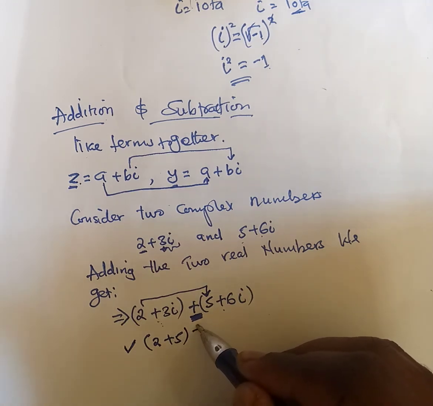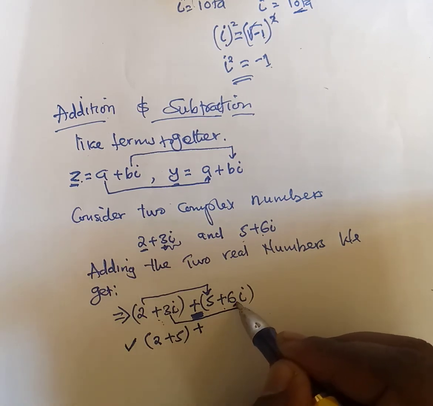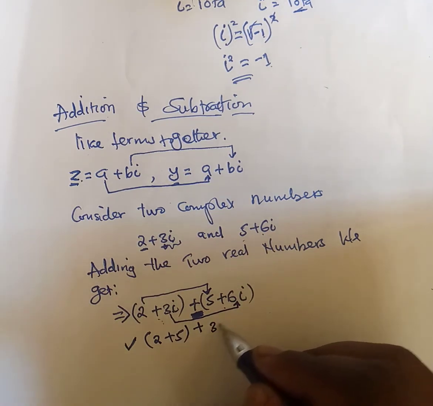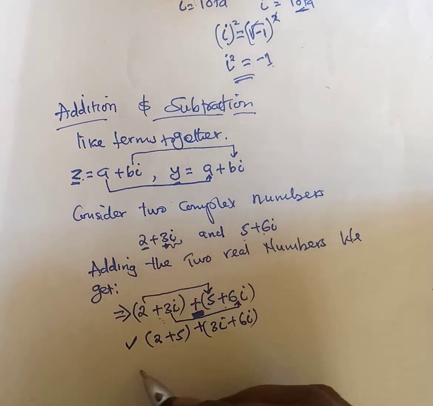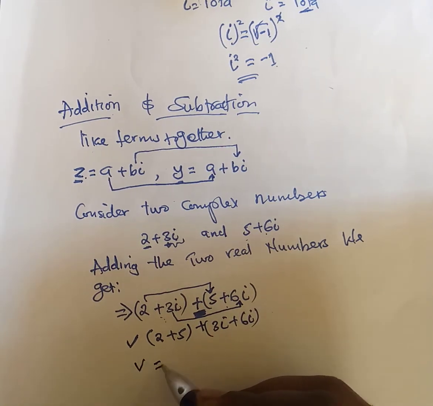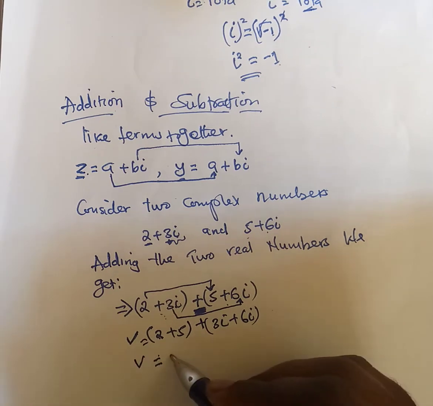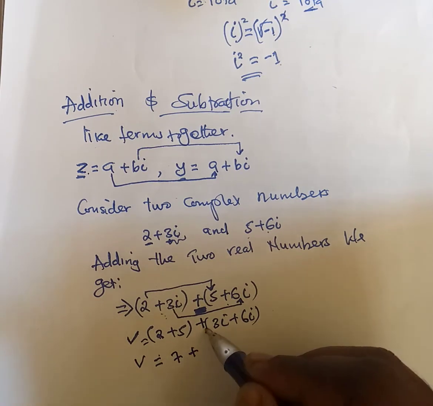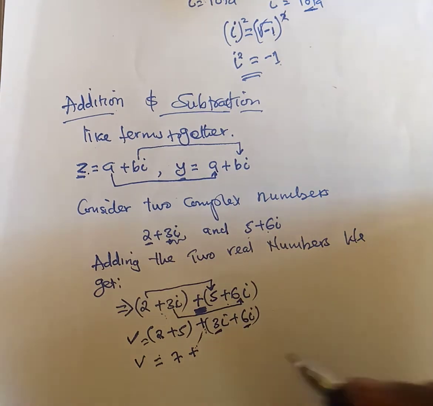Then plus the imaginary terms, 3i and 6i, 3i plus 6i. 2 plus 5 is 7, and then plus, of course, 3 plus 6.